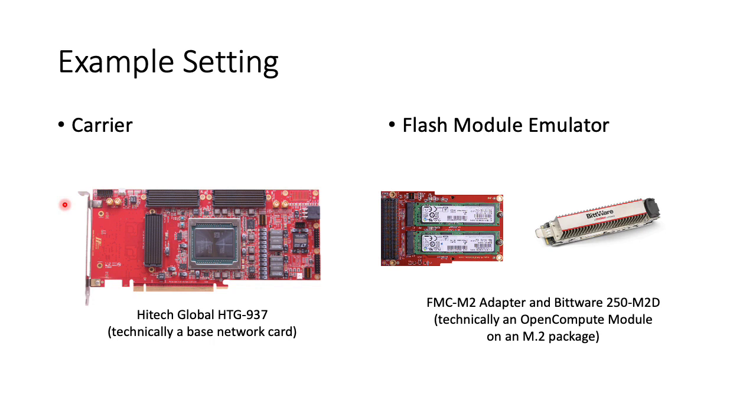And here's an example of how such a platform could be built. A carrier card, for instance, could be one of the network cards offered by a company called High-Tech Global. High-Tech Global is a pretty known company in the space of hardware prototyping. We can attach an FMC extension to this card that would actually allow us to put M.2 SSDs here.